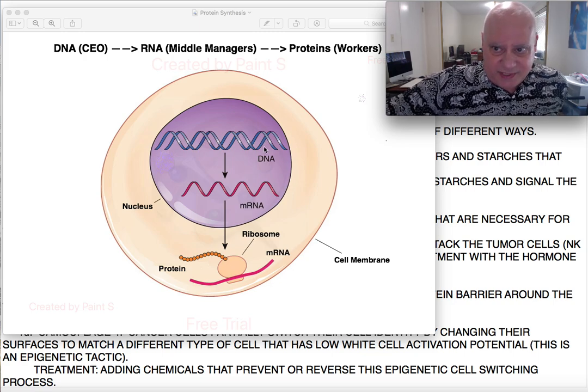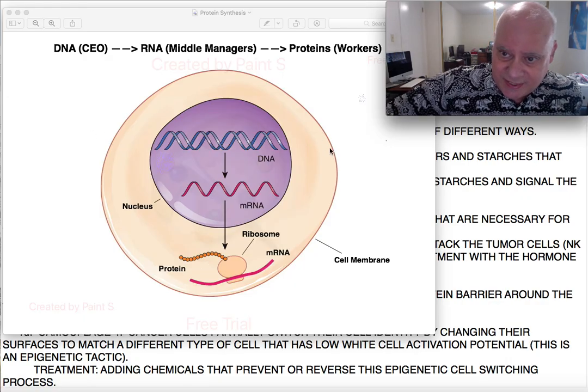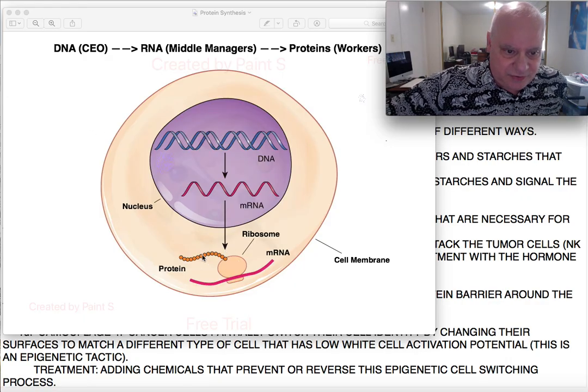So at any given time, your cells are making lots of different mRNAs from different sections of the DNA, which they can turn in the ribosomes into lots of different proteins that the cell needs to do whatever function it's going to do. Each protein is really designed to do one important function for the cell.